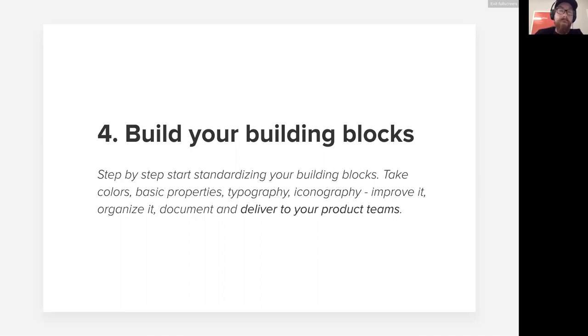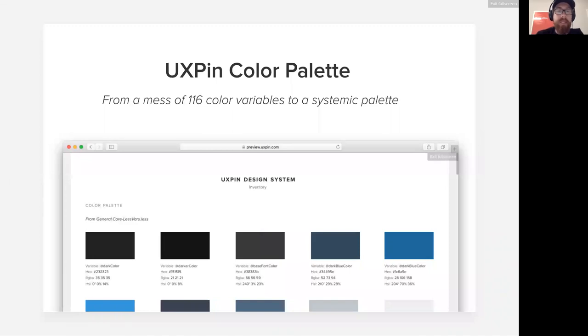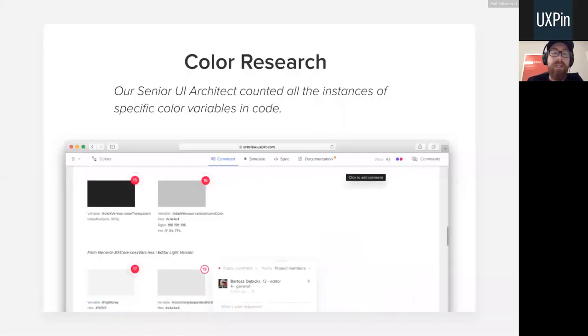So with that in mind, our first sprint was all about colors. So again, we went through this palette of 116 colors, and we started to check how often they actually appear in the code. Why? Because we wanted to track all these mistakes. And what do I mean really by mistakes in color palettes and their usage, right? So it's really very simple.